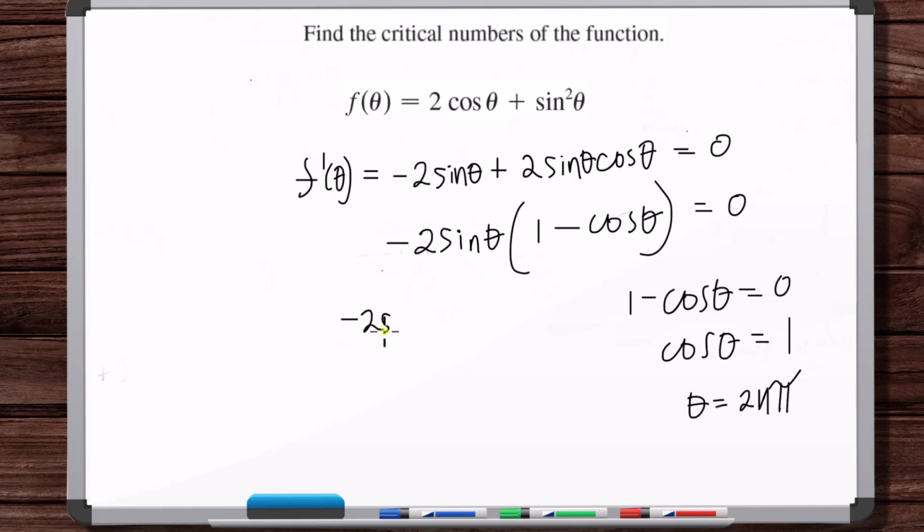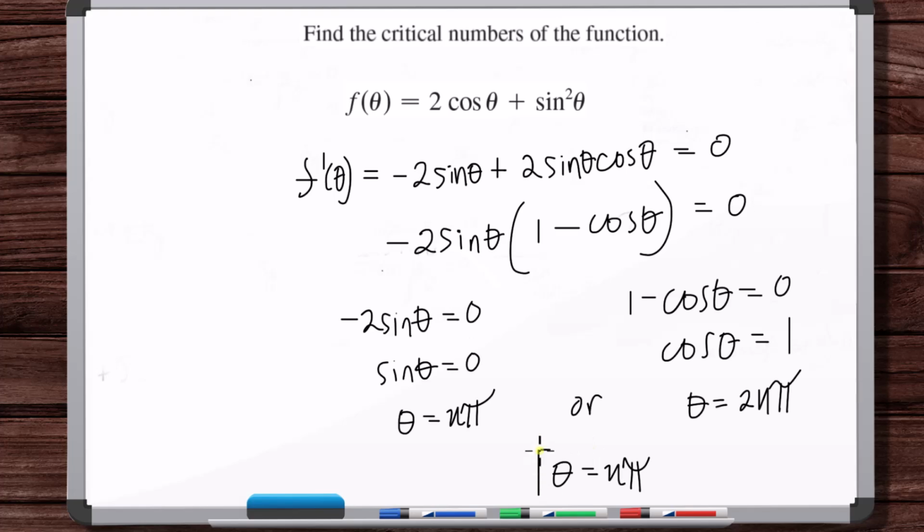Or minus 2 sine theta is equal to 0, which is sine of theta is equal to 0. This is theta is equal to nπ. So, either or. We could just say theta is equal to nπ are the critical numbers, where n is an integer.